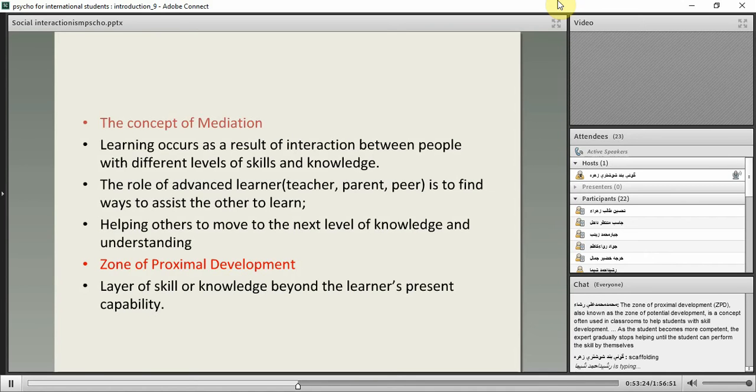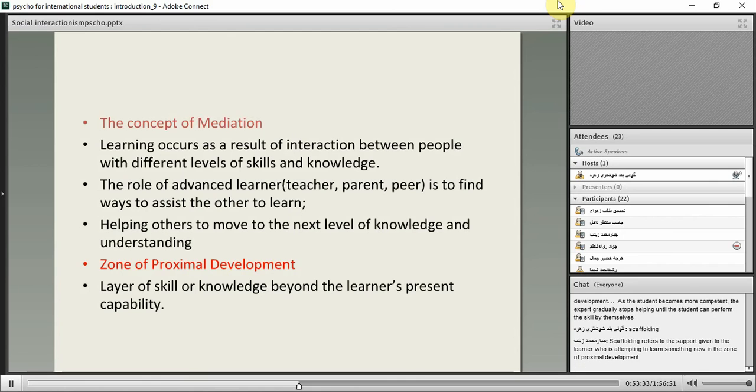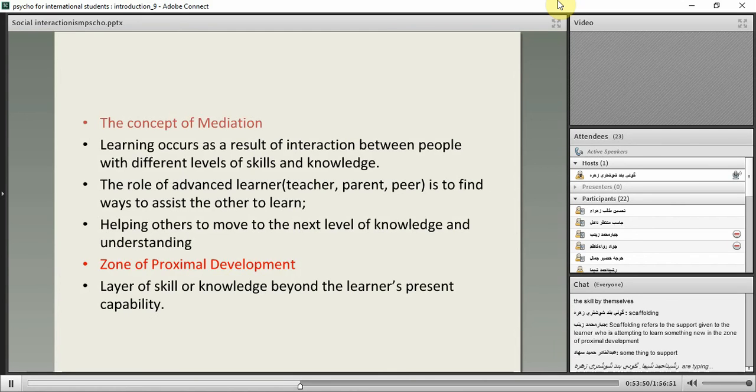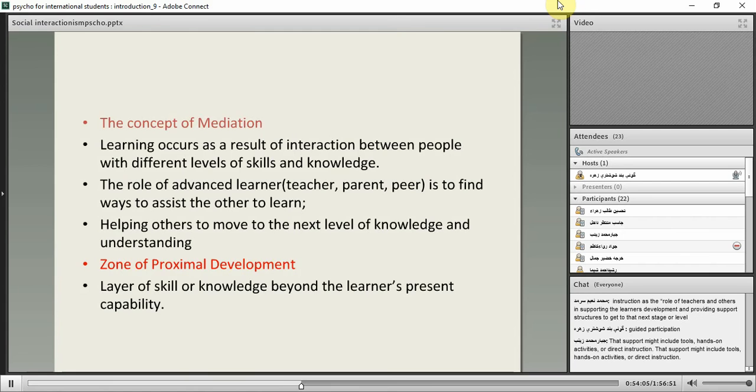By scaffolding, we mean, of course, it was already implicated in what you stated, support given to the learners. So scaffolding means guided support. Scaffolding is in fact guided participation. Scaffolding is guided participation, right?